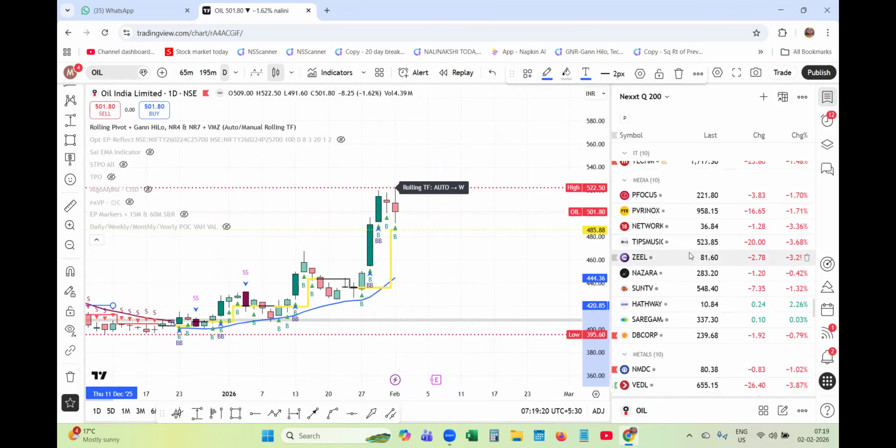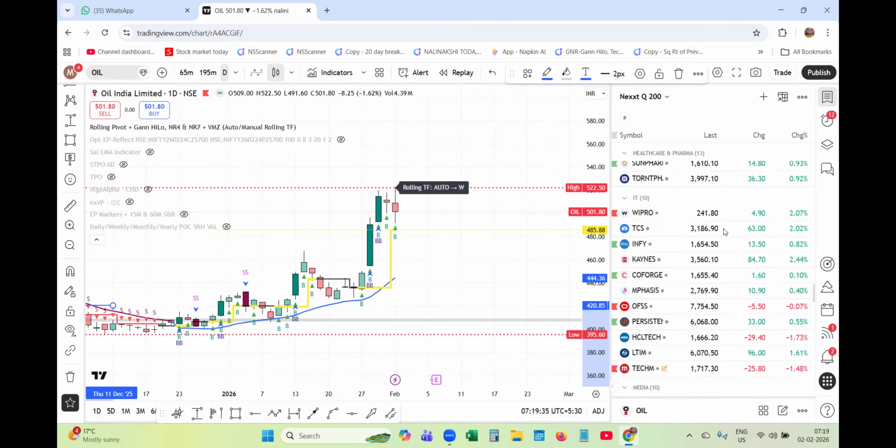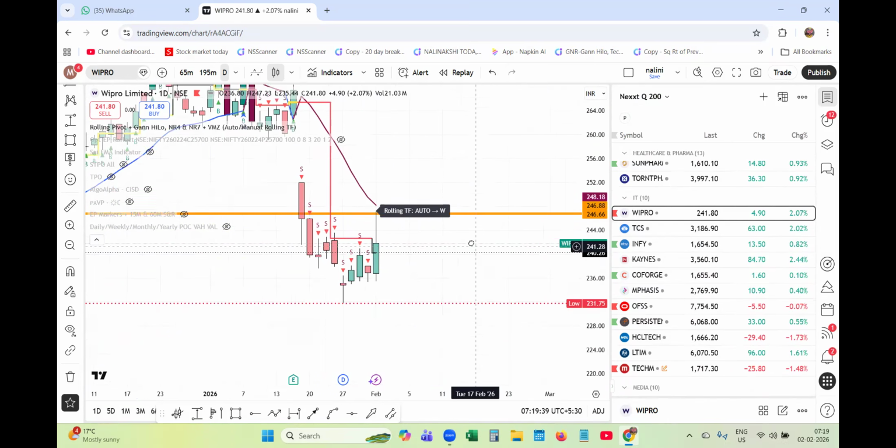We can consider two IT stocks like that. Infosys and TCS can be considered, out of which TCS is better placed when compared to Infosys on an intraday basis. So Wipro, let us see what Wipro is doing.